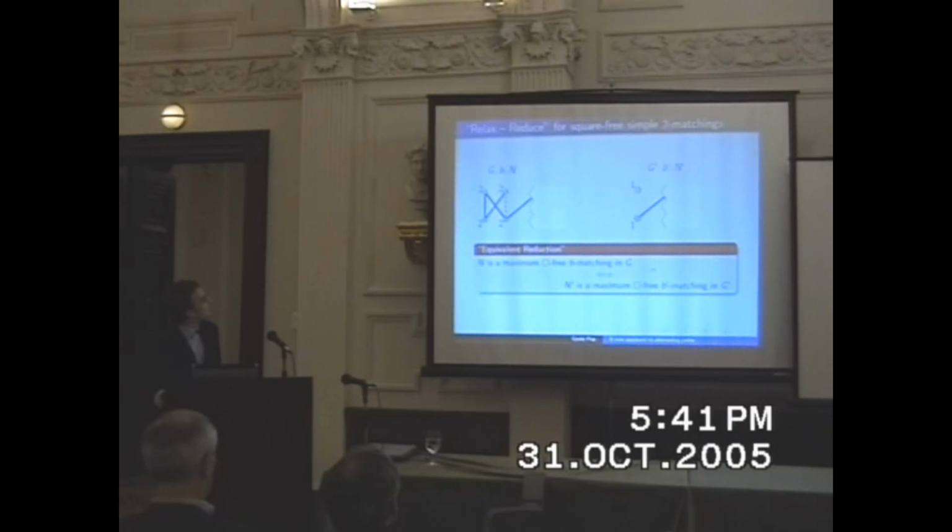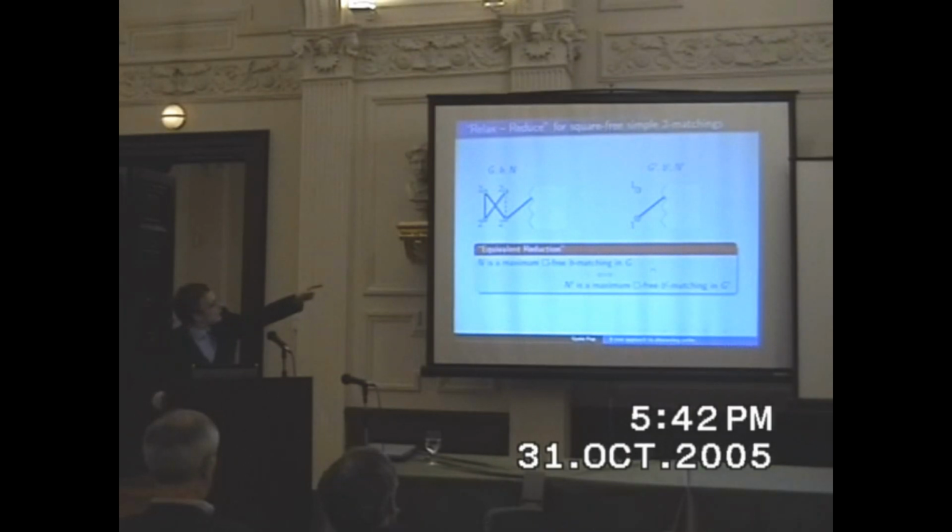Also, by this construction, a square-free B prime matching is constructed in G prime, where the capacities B prime are defined by B for the old nodes and 1 for the new nodes. And this reduction is equivalent in the following sense.